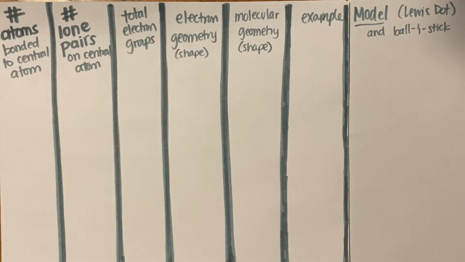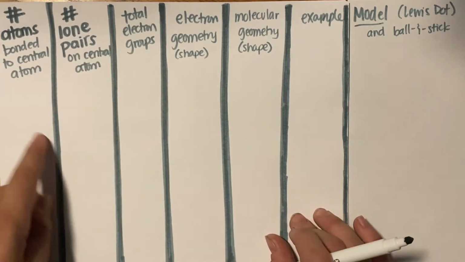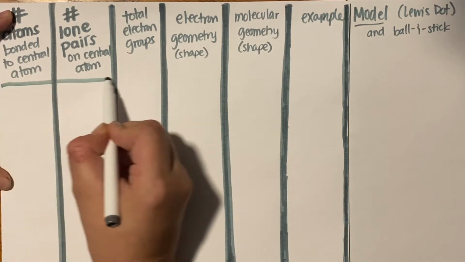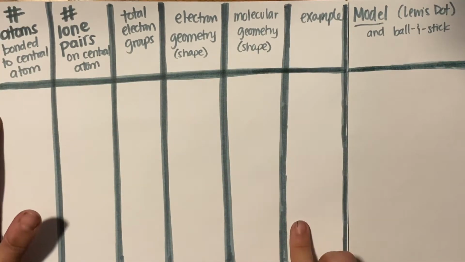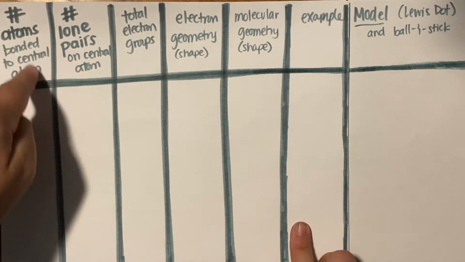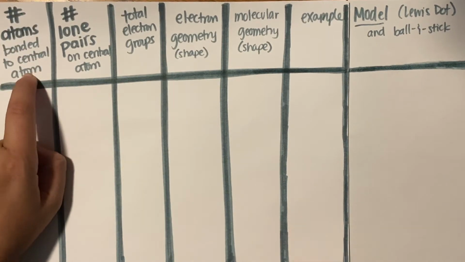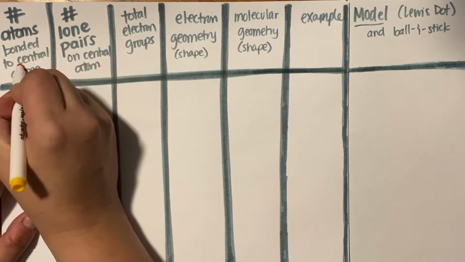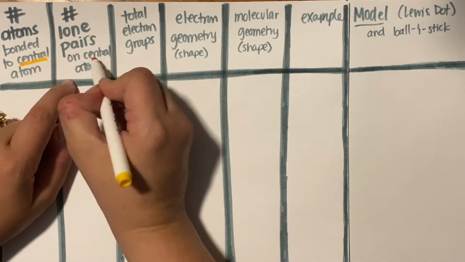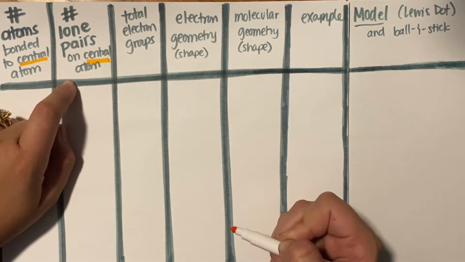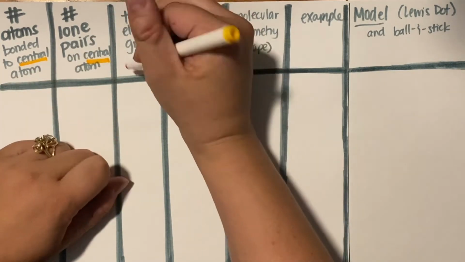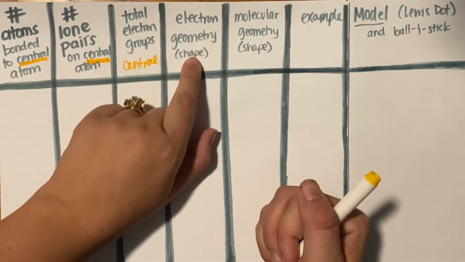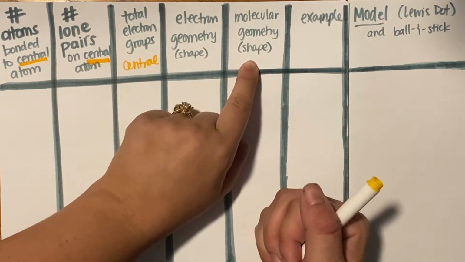Obviously, I'm taking up a lot more space and I'm going to take up a lot of pages doing this because I write huge. Your first column is going to be number of atoms bonded to your central atom. This is actually really important. Then number of lone pairs on the central atom, total electron groups, again on your central atom, electron geometry, and molecular geometry.